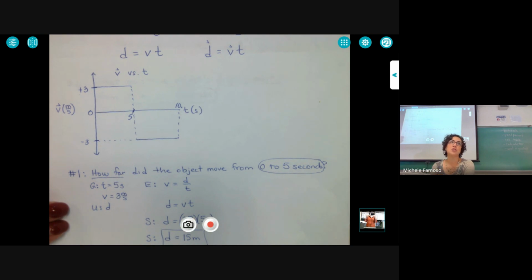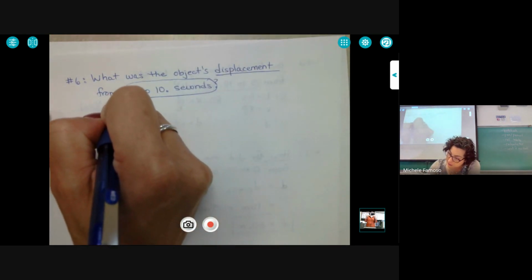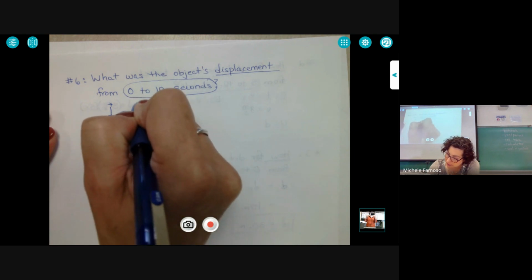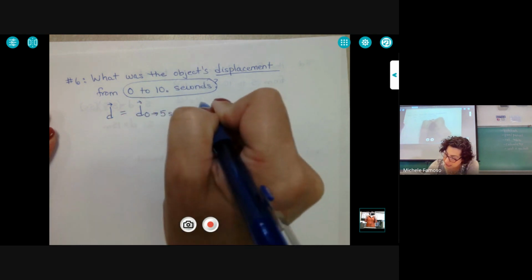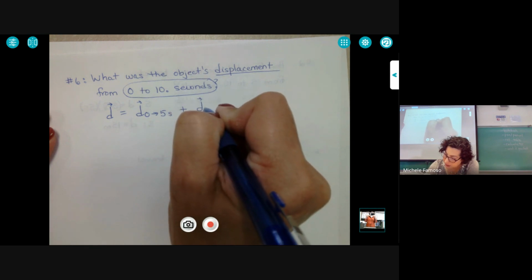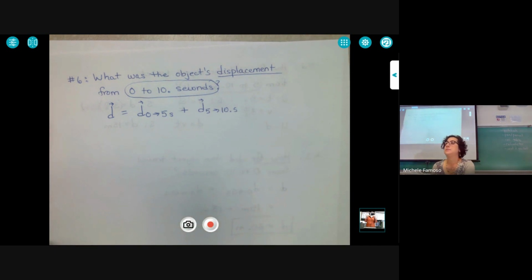And then what do you think you do to get the answer? Add them up, just like we did with the distances. You add up the individual values. So to get the displacement, we're going to take the displacement from 0 to 5 seconds and add it to the displacement from 5 to 10 seconds.